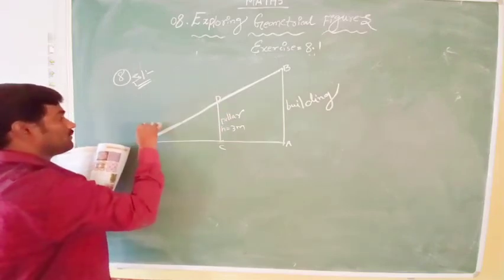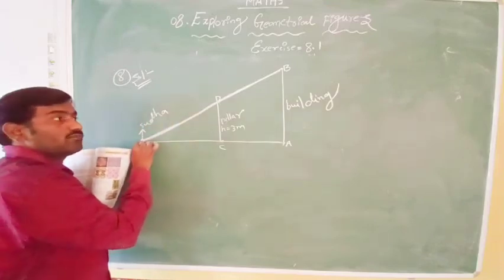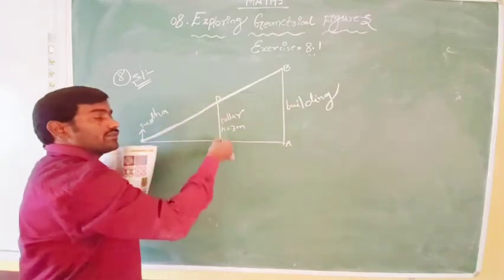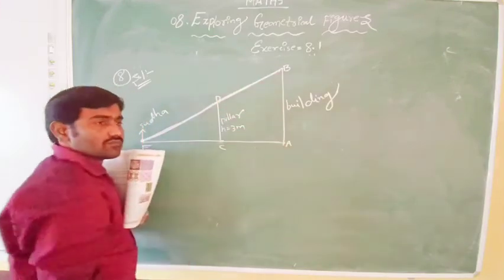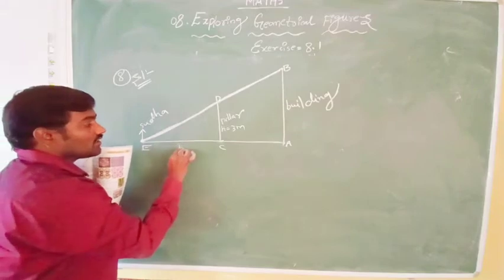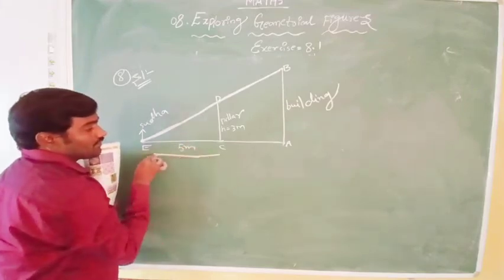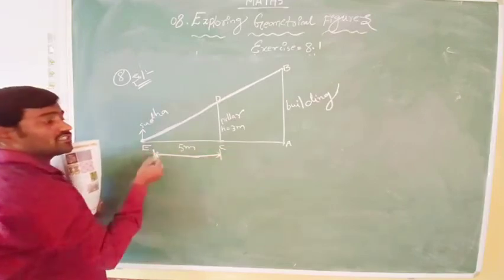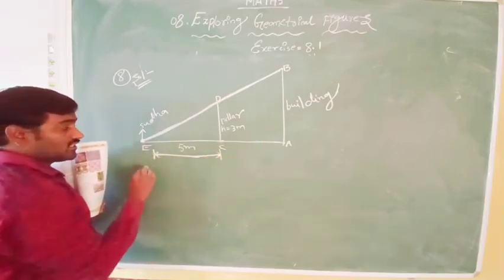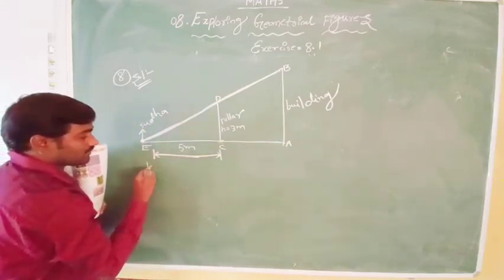Sudha is here. Sudha was standing at E and observed the building from behind the pillar, touching the pillar's edge. So she was 5 meters apart from the pillar. The distance between Sudha and the building is 10 meters?